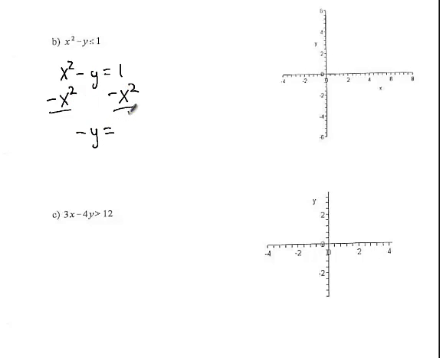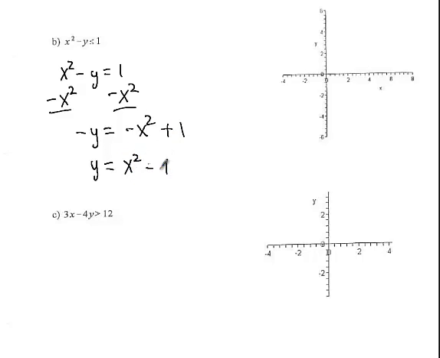And doing that with this expression, we get negative x squared plus 1. We don't want a negative y, so if I change the sign of the y, then I just simply run through the rest of the equation changing the other signs.